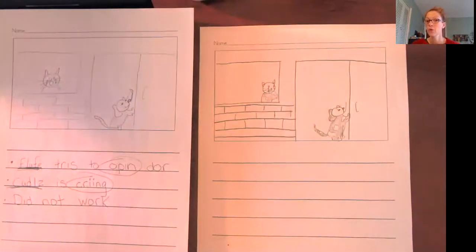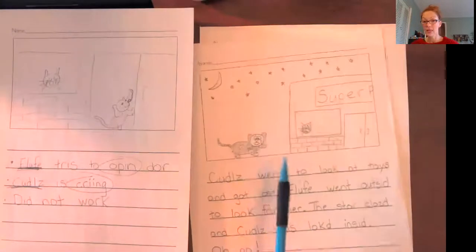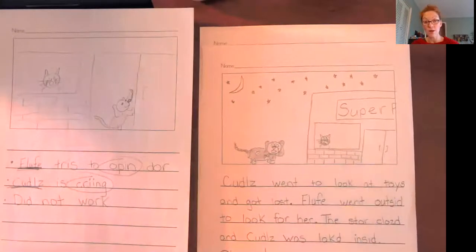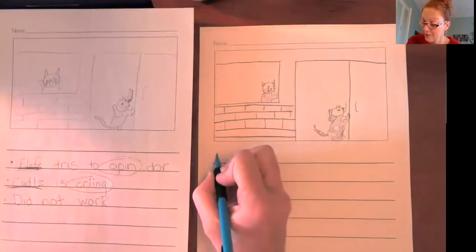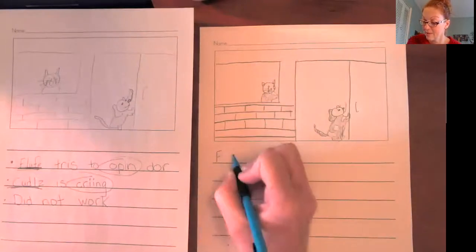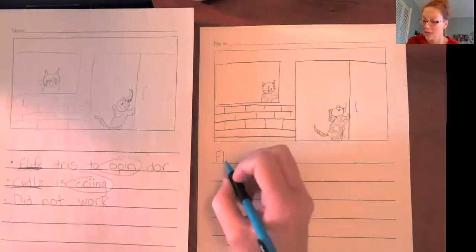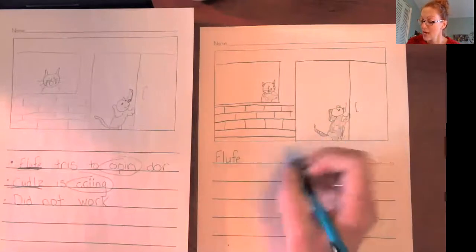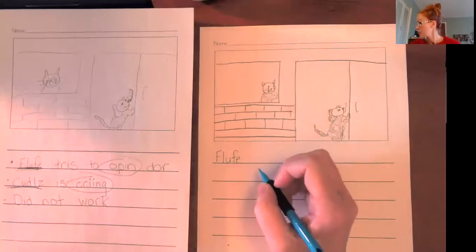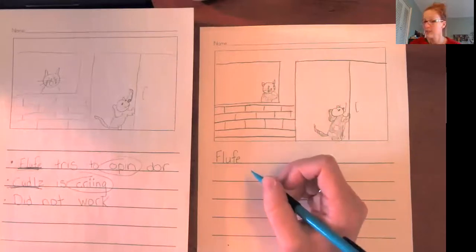Fluffy ran to the door, right? Could you picture it? Could you picture Fluffy realizing it and running to the door? Yeah, so Fluffy ran to the door. Capital F, right? It's a name, it's a proper noun. Fluffy ran.